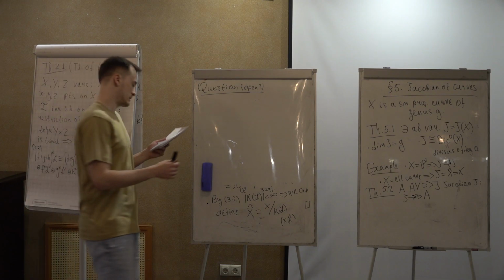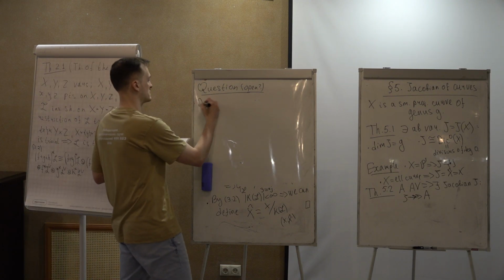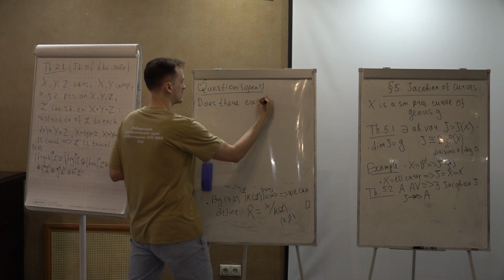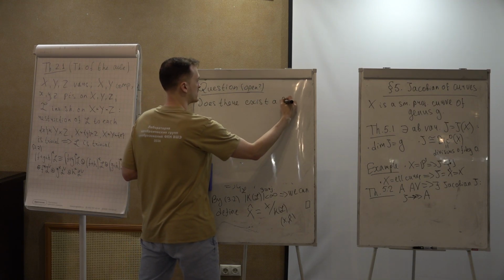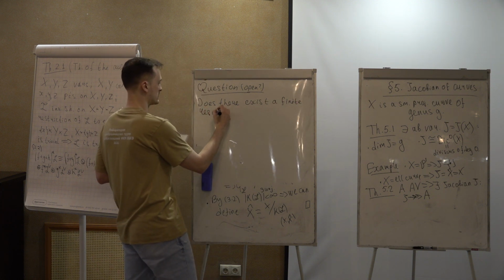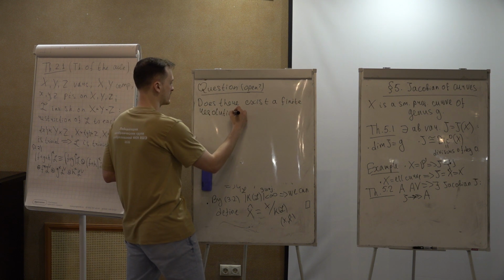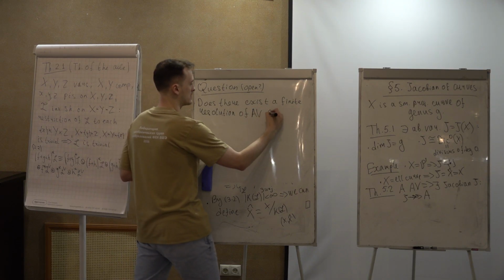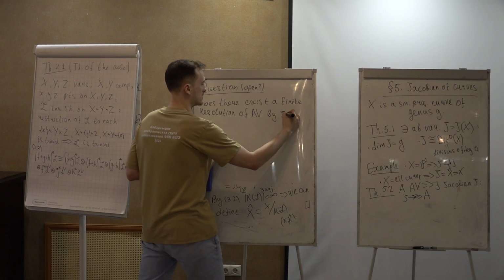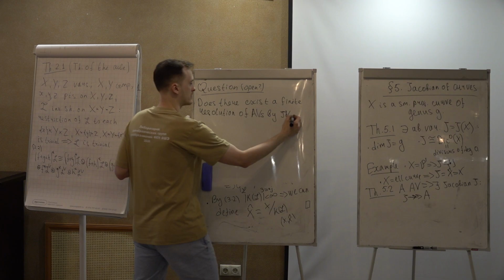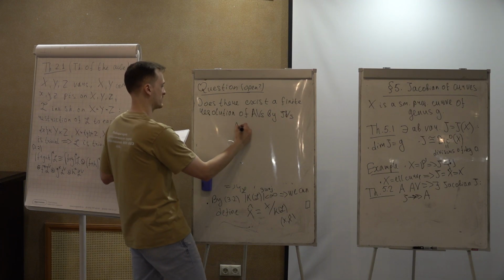And the question is, does there exist a finite resolution of an abelian variety by Jacobian varieties?